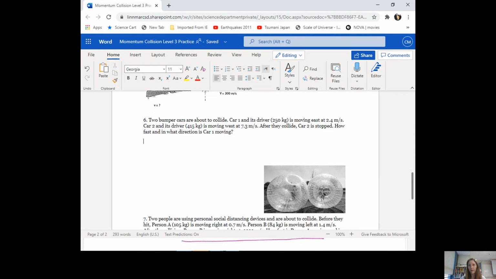So as I'm solving this, I get an answer of negative 1.17 meters per second. And that negative means that I'm going to the left, because that's what I initially assigned my second car with. Since it was moving west, I assigned west with a negative direction.